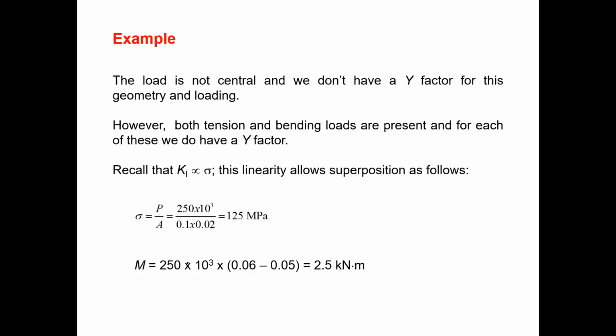Then the bending moment. Because you know the load, this is the load value in Newton, and this is the distance from the center axis, which I told you is 10 millimeter. So you subtract 0.05 from 0.06, then you will get the bending moment around the center axis.